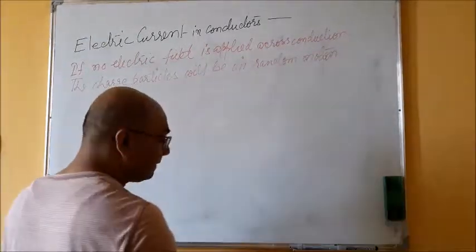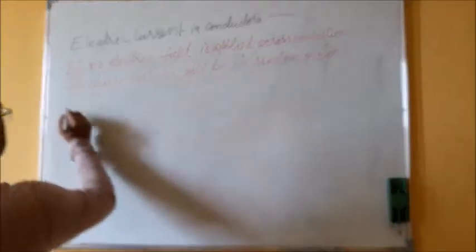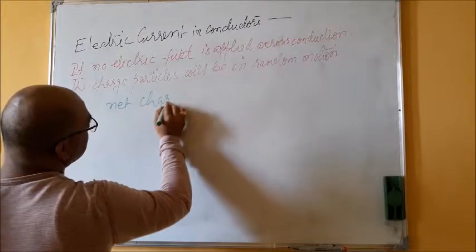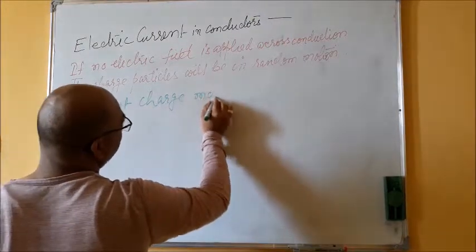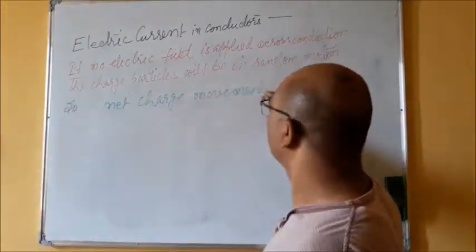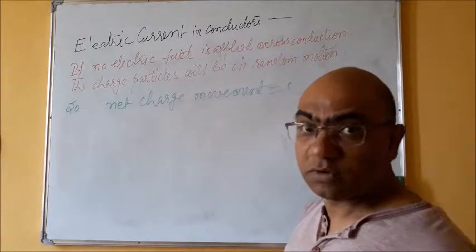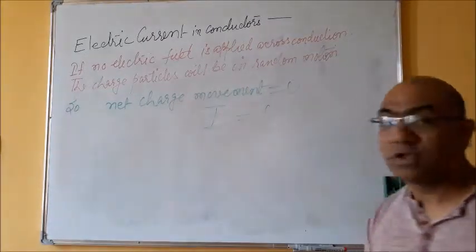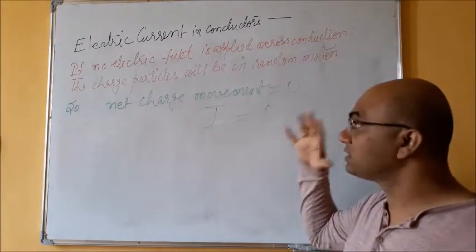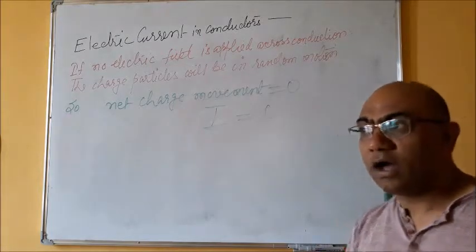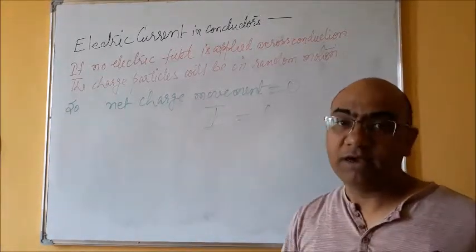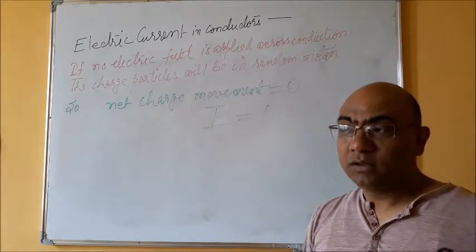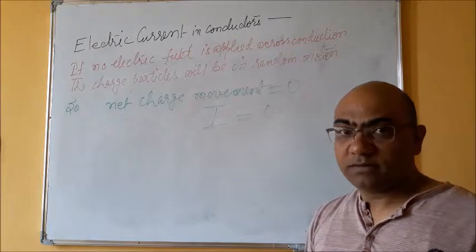So net charge movement will be 0, right? And therefore net current will be 0. So this is the condition when we say we are having no electric field across the conductor. Now what will happen if we are providing some electric field, right?